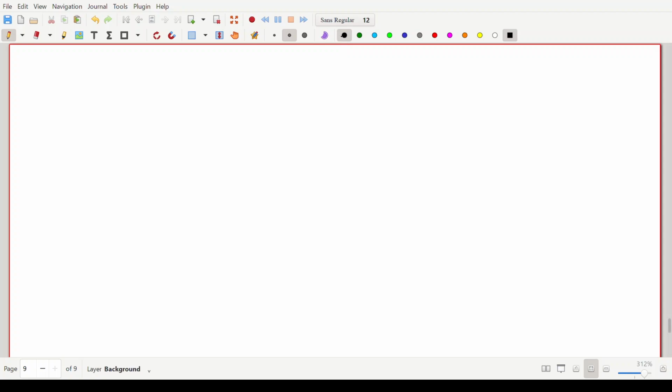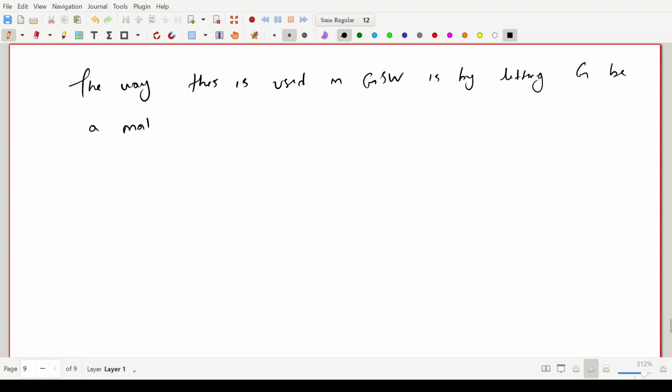The way this is used in GSW is by letting G be a matrix with every column containing the powers of 2. Powers of 2.